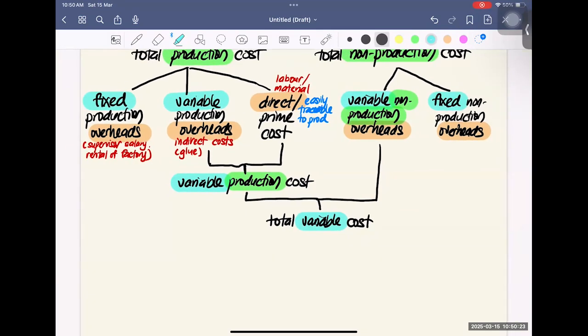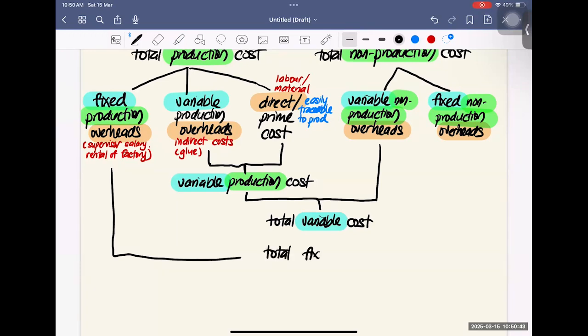And what's a common thing about your fixed production and fixed non-production overheads? Both of them are fixed. So this is what we describe as total fixed cost.